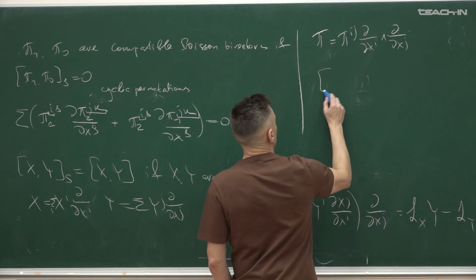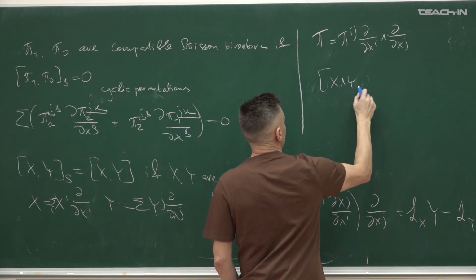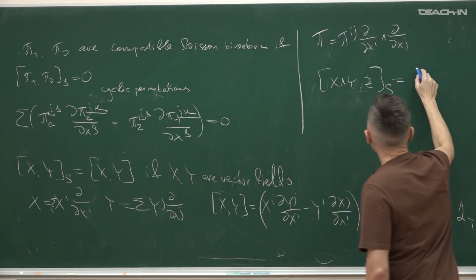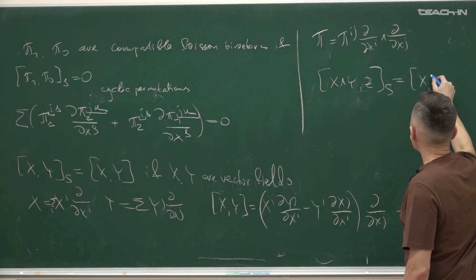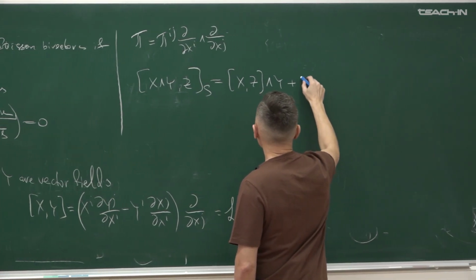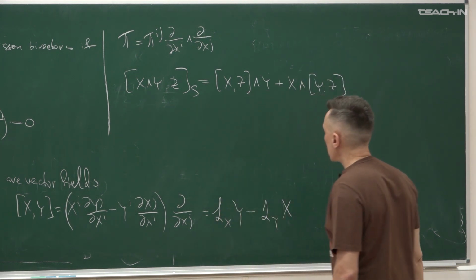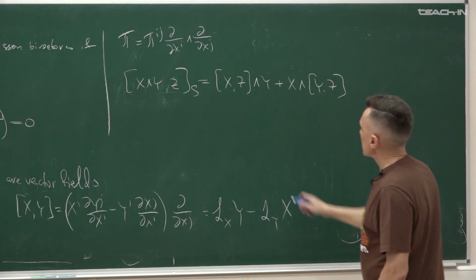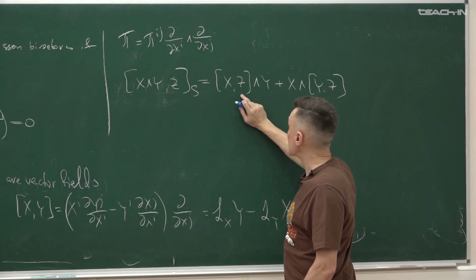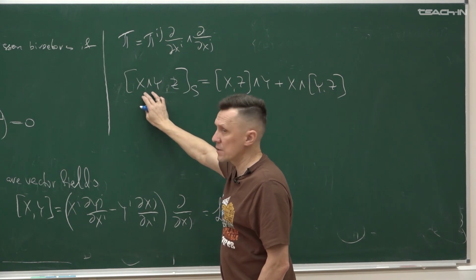And first of all, I will define the bracket of x, y, z as x z y plus x y z. So you see, here is the commutator of vector fields, but now we get an operation which commutes a bivector with a vector field.